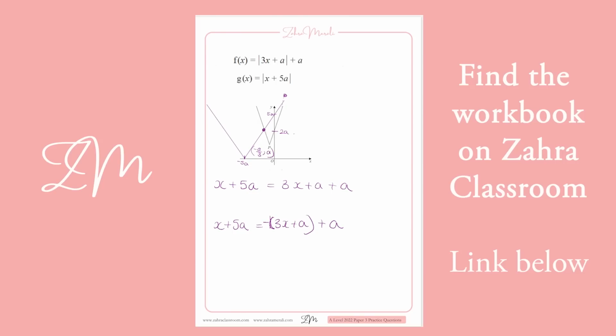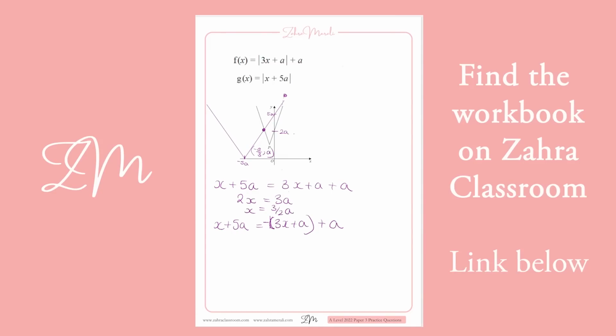So now if we solve this, put all the x's on one side, we're going to end up with 3x minus x, so 2x, 5a minus 2a, so that's 3a, so we've got 2x equals 3a, sorry, clearly I'm asleep today, so x equals 3 over 2 a.